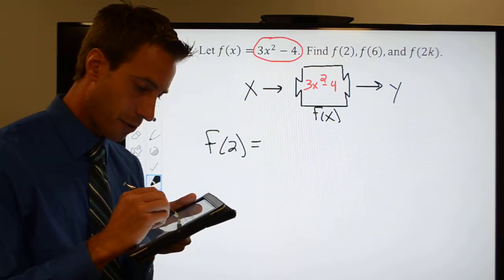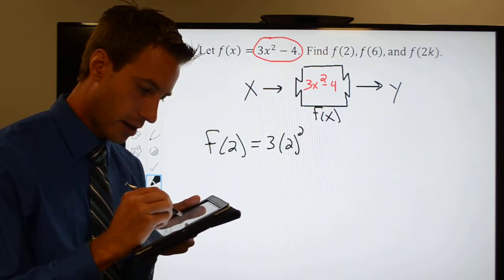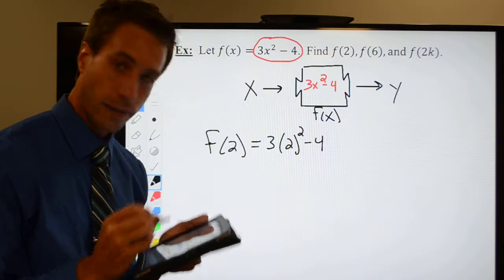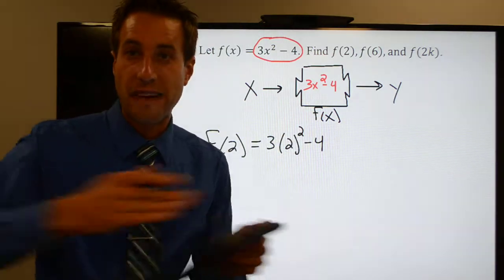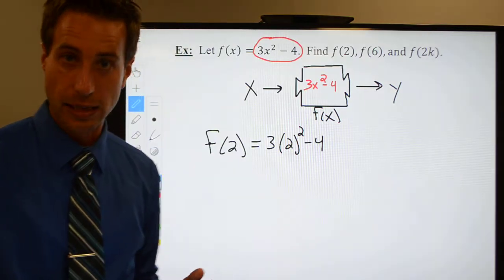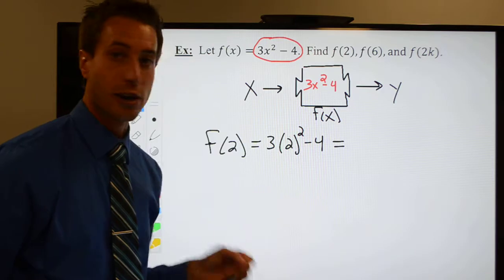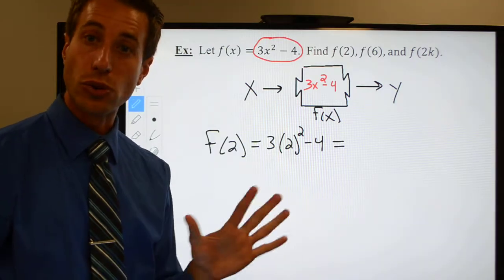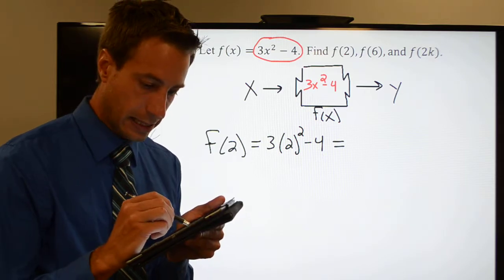I will have 3 times 2 squared minus 4. Everywhere I have an x, I'm going to plug in the value they're asking you to put into the function. Let's go ahead and do that. 2 squared is 4. 4 times 3 is 12. And 12 minus 4 would be 8.